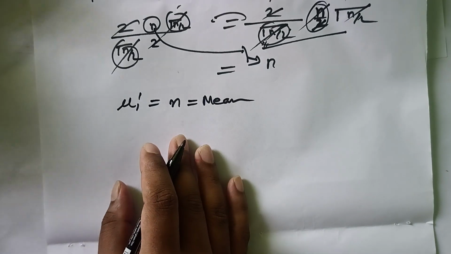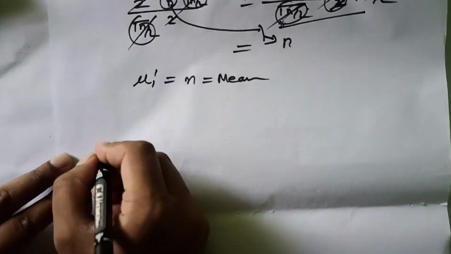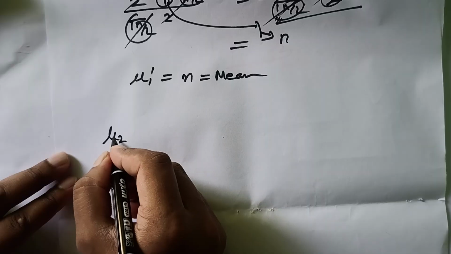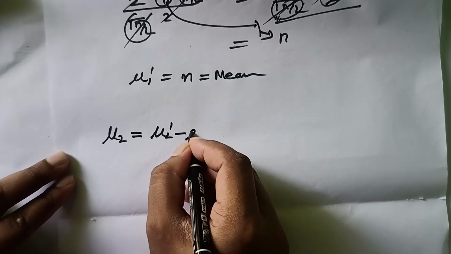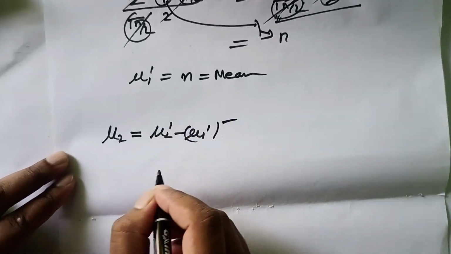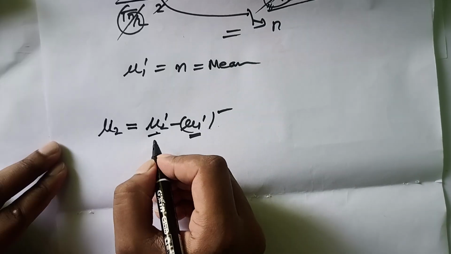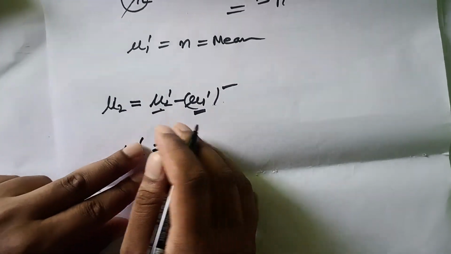Now it's a task for us to find the variance. For finding the variance, the variance formula is defined as mu2 is equal to mu2 prime minus mu1 prime all to the power square. We had this mu1 prime, but we don't have mu2 prime. So first we have to find mu2 prime. What is mu2 prime?